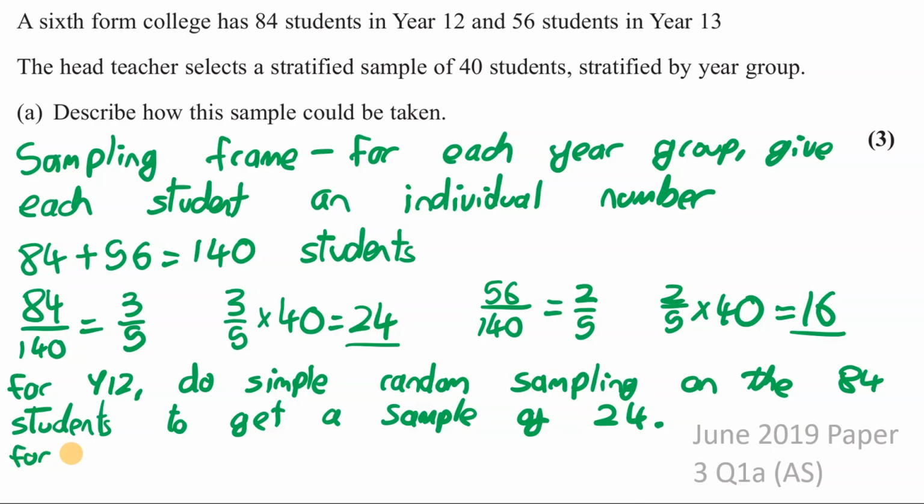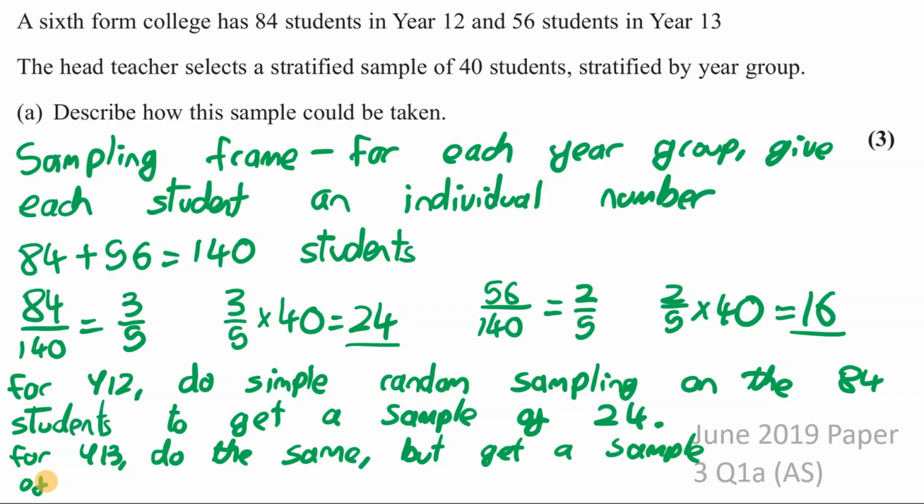And then for year 13, do the same, but get a sample of 16 students from the 56. There's 56 students overall in year 13, and because 24 plus 16 is equal to 40, this would give you your sample of 40.